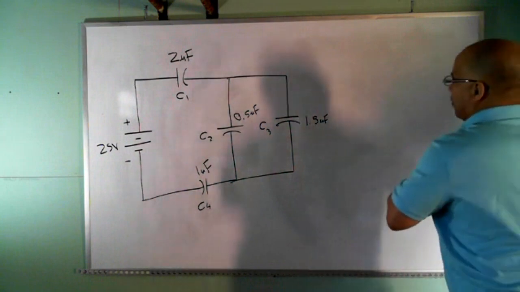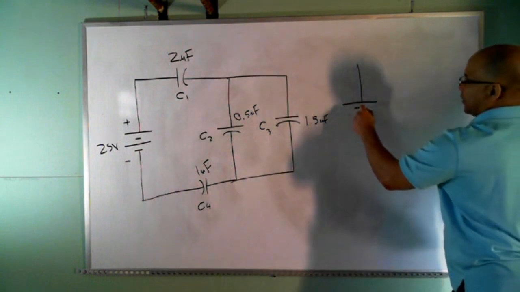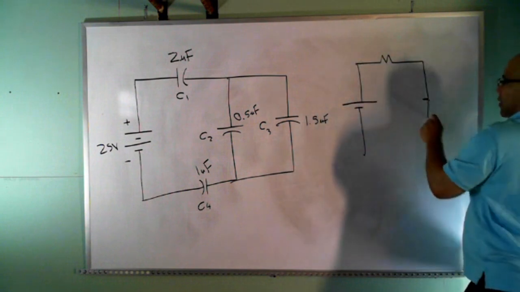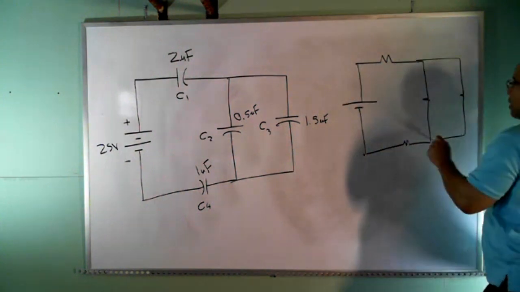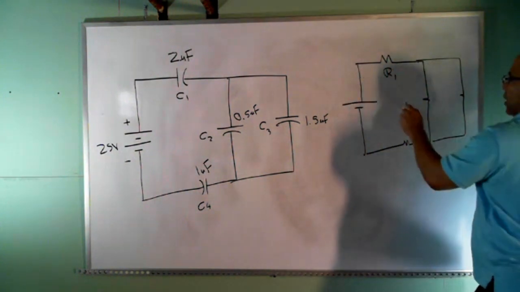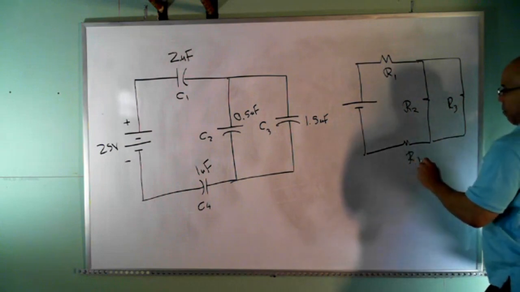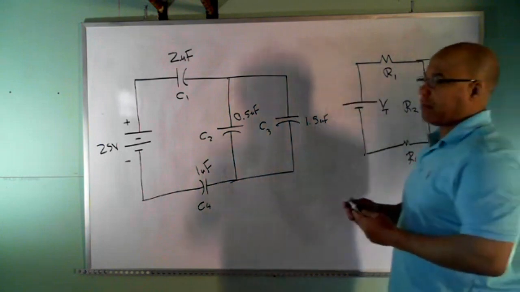Now think about what you would do if you had resistors instead of capacitors. If I gave you resistors instead of capacitors, like this, maybe this is R1, R2, R3, and R4, and you knew the voltage. How would you solve this?